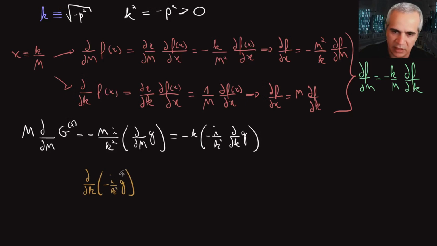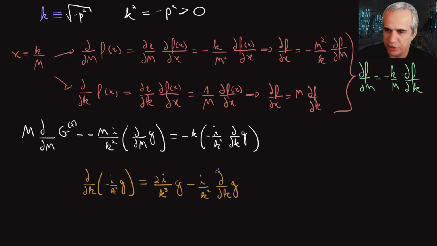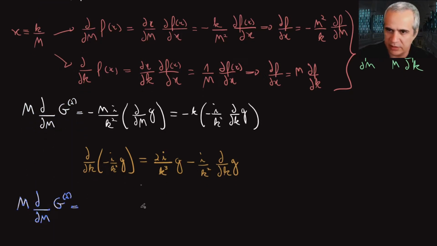This is the whole G2. If I just do the derivative, this is 2i over k cubed times g minus i k squared del k of g. This is exactly what I have here, inside this parentheses.